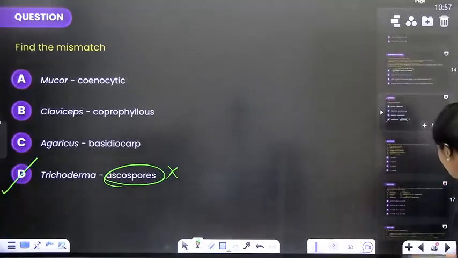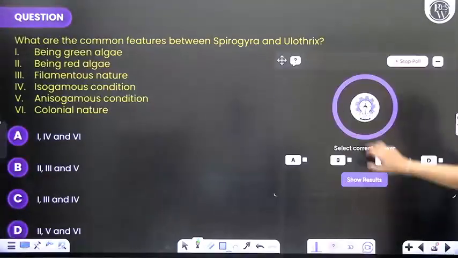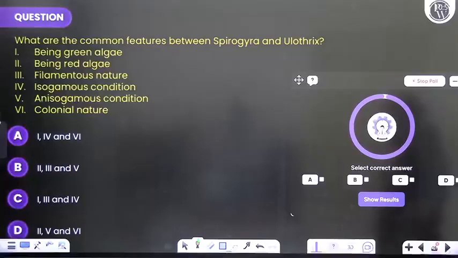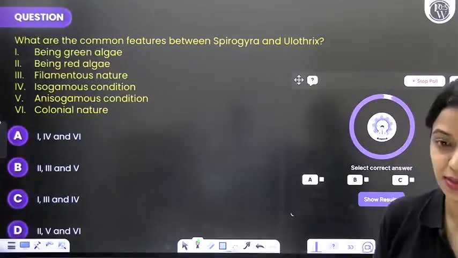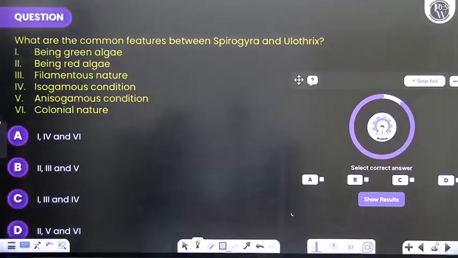Okay, let me check first. It's not a repeated question. What are the common features between Spirogyra and Eulothrix? Yes, Pratik, Kannada also.